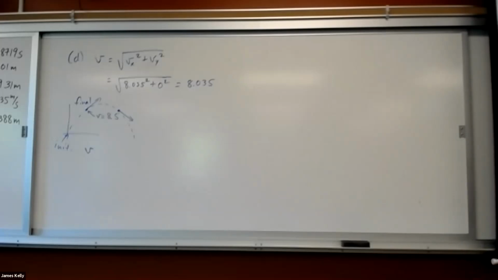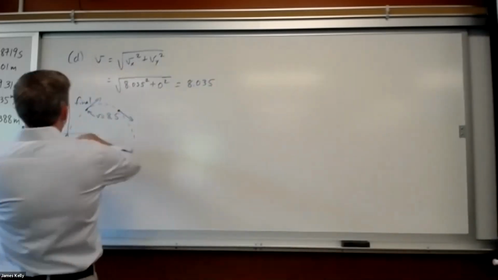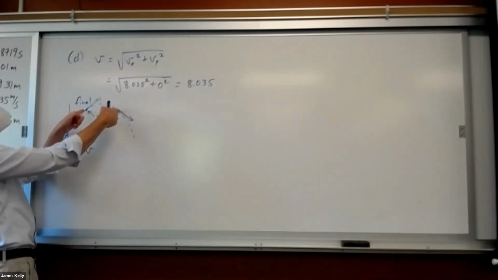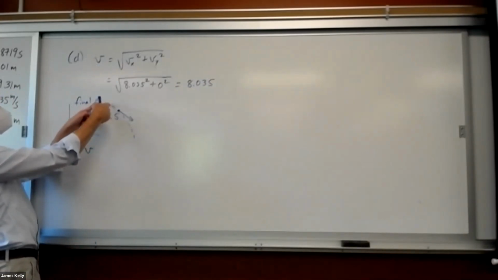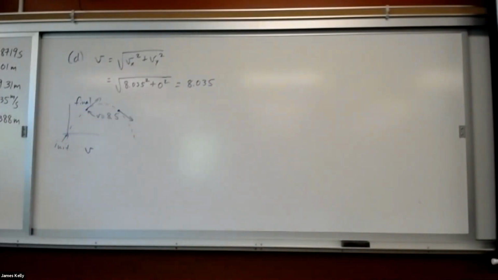So at the same height on this parabola, there and there, or there and there, it has the same speed at those locations. The x velocity component hasn't changed, and the y velocity component has just switched signs, which means when you take the square root of the sum of the squares of them, it doesn't change the number.